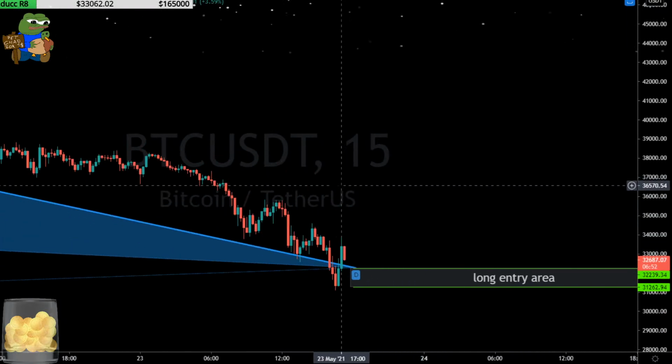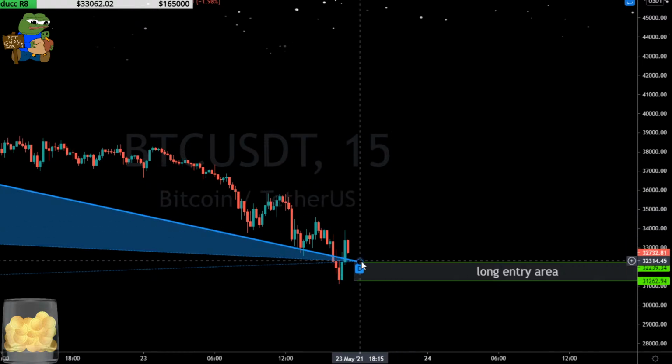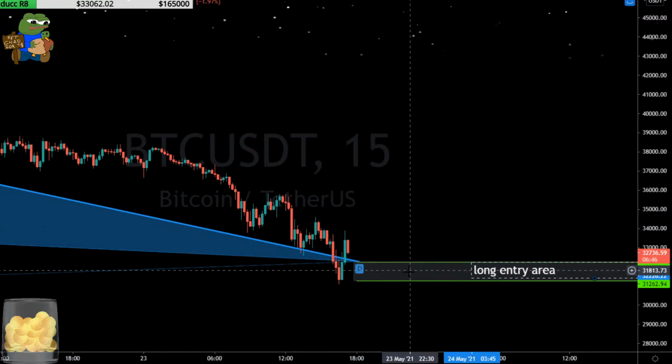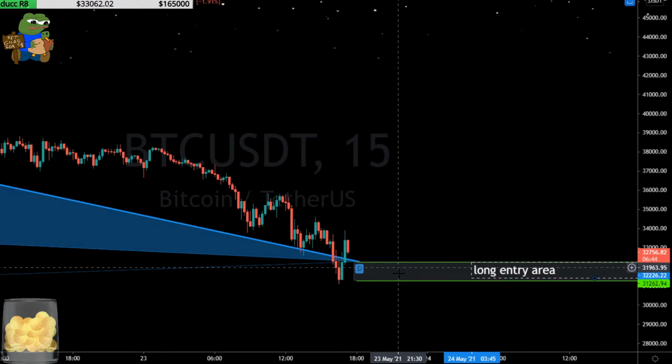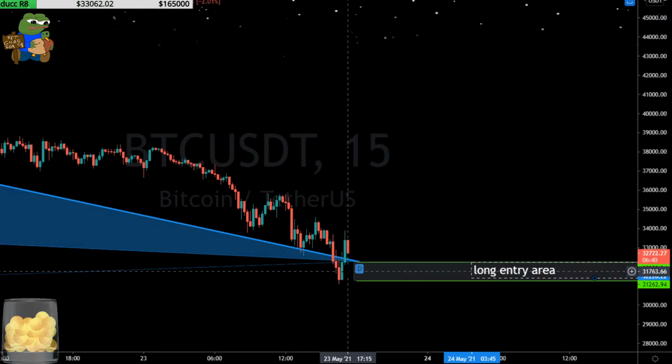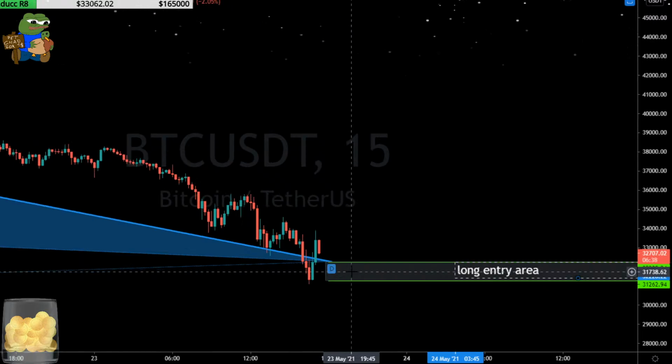So if we come in on it, the first green line is the 786, the second green line is the 886. So that was basically where you fell.